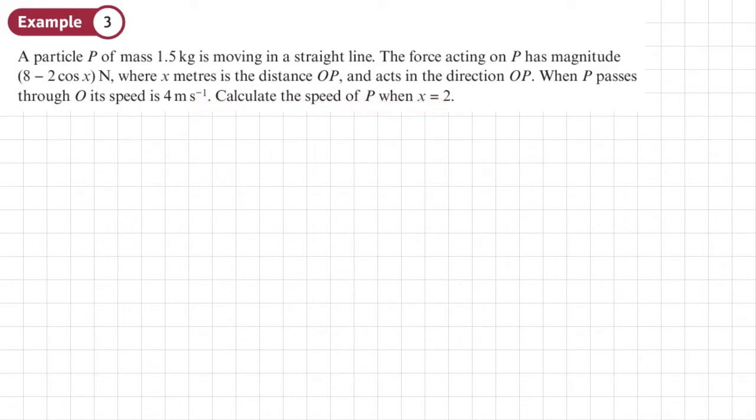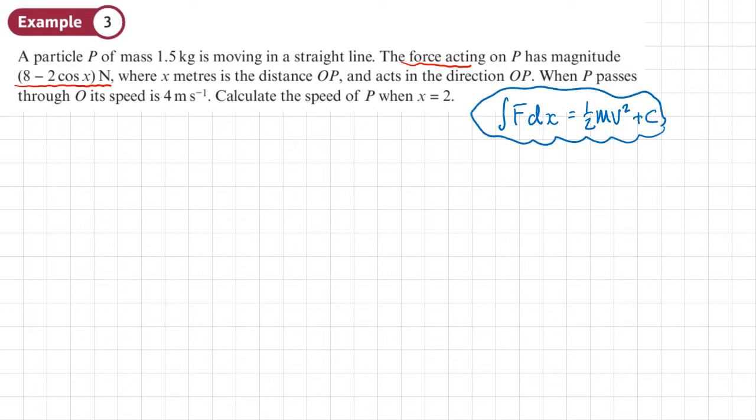So here in this question, I can see that the force is a function of displacement, distance, x. So I will be using the expression, the integral of the force integrated with respect to x is equal to half mv squared plus c.